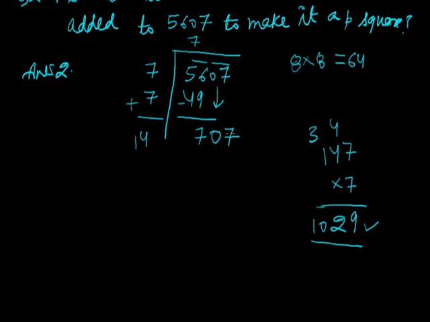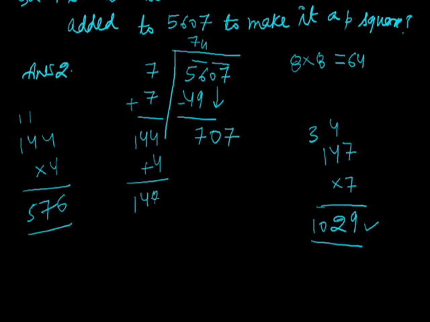This number is very much larger than 707, so we will multiply it with some other digit, that is 144 into 4. 4 times 4 is 16, write 6 and carry 1, and so on, we get 576. So we'll write 4 three times over here.